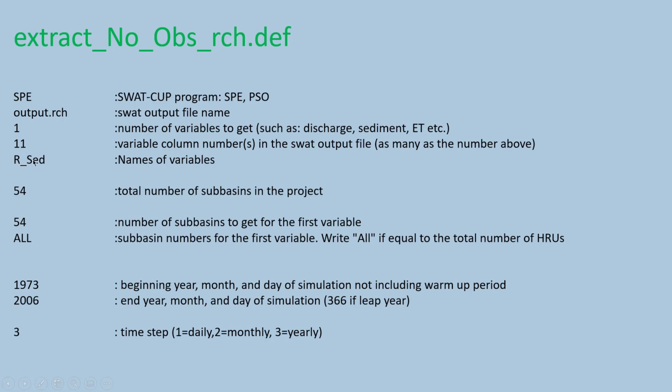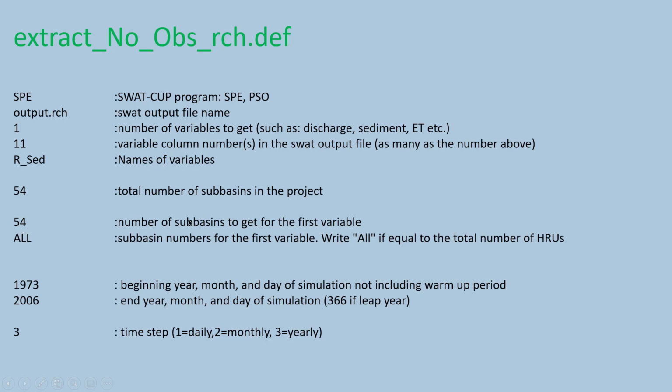I use R sediment because you can extract sediment from different output files. So R means reach, meaning from reach sediment. And then the total number of subbasins in the project, I have 54 subbasins. This project that I ran is a small watershed in the Danube Basin.